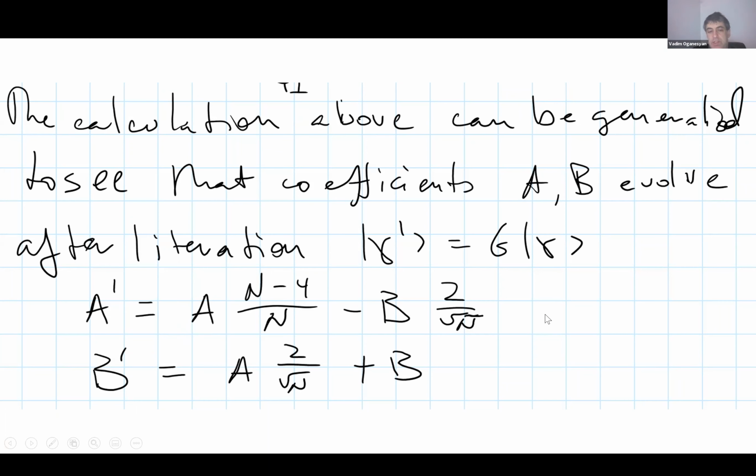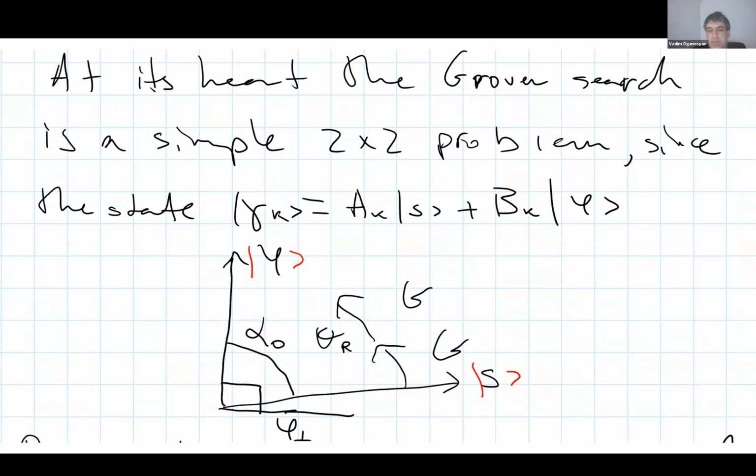So we start with a vector A, B, and we multiply it by some matrix, and we get that.